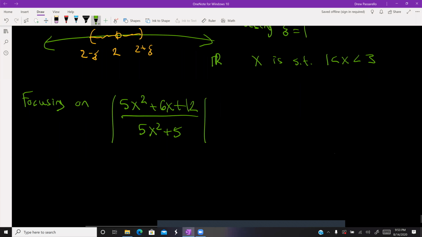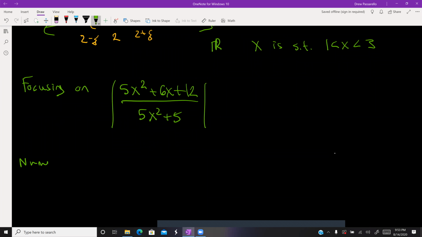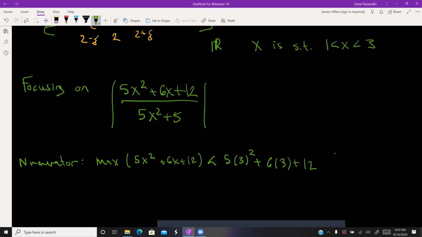Now, if we focus on the numerator, notice the max of this 5x squared plus 6x plus 12 is going to be less than if you were to plug in 3, and that's going to be 75.